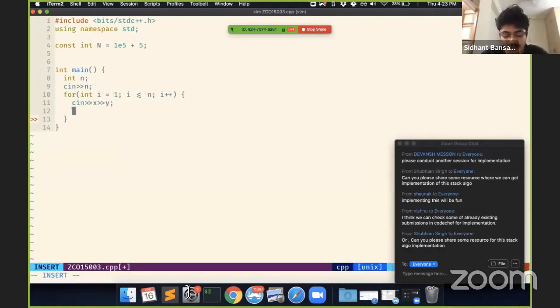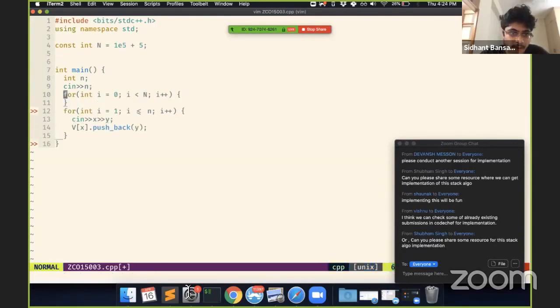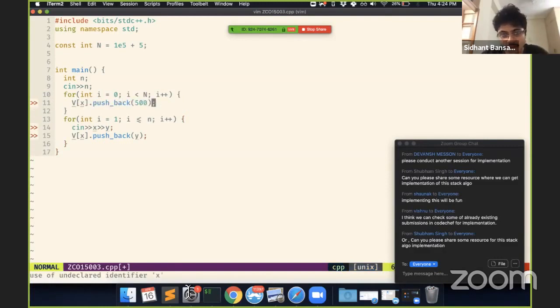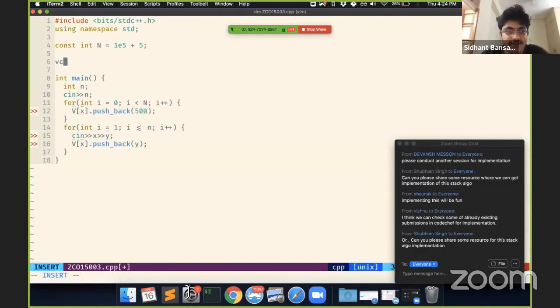So what we'll do is we'll say, okay. So for each, what is Vx trying to denote? It's a vector in this thing. So it's an array of vectors.